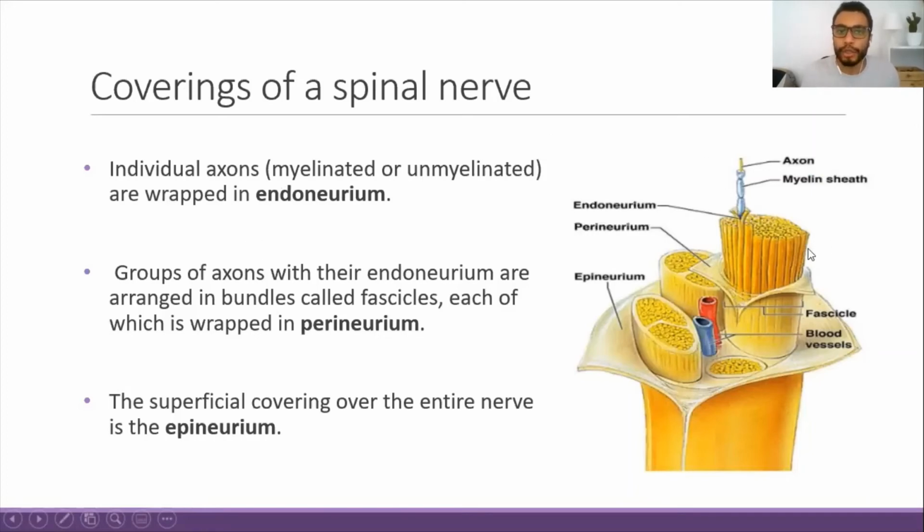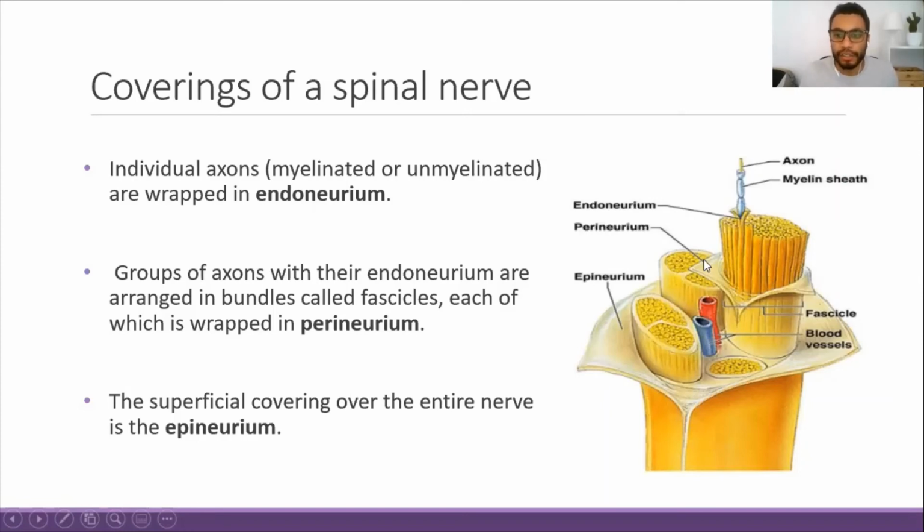Then we have groups of axons with their endoneurium. They are arranged in bundles called fascicles, each of which is wrapped in a perineurium, as you see here. So a perineurium will cover a group of axons and their corresponding endoneurium.